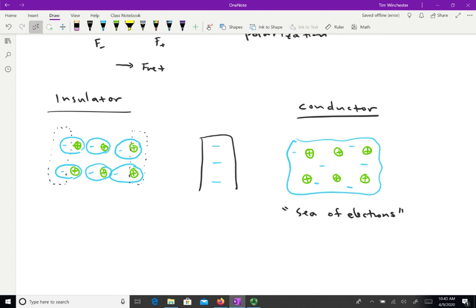Okay, and we see that in the case of insulators because the electron clouds get distorted. We see it in the case of conductors because the shared electron sea or electron gas is able to move electrons wherever is necessary. Okay, so in both cases, even though it's the electrons that are really changing their positions, we still will often talk about positive charges moving around, positive charges being attracted or repelled.